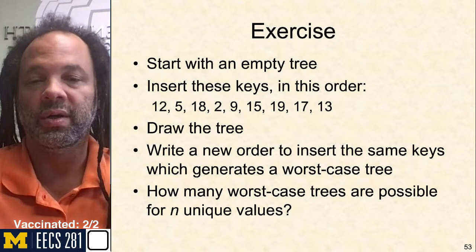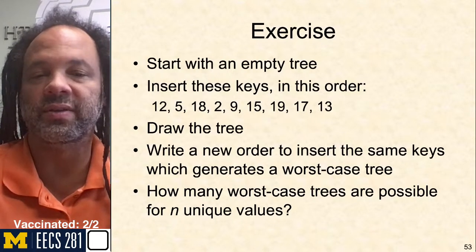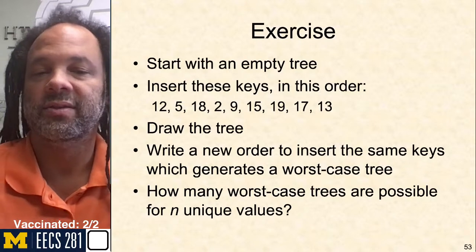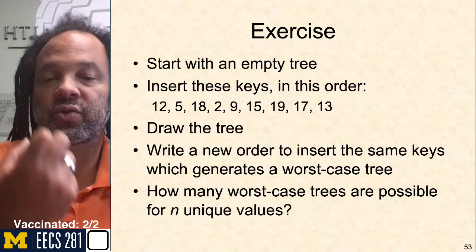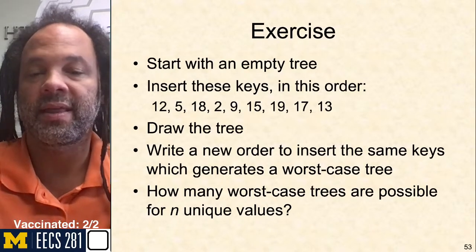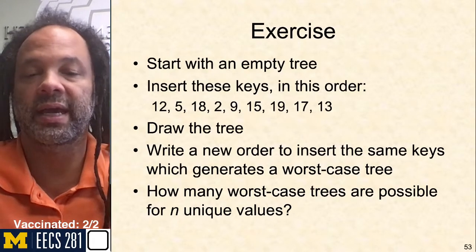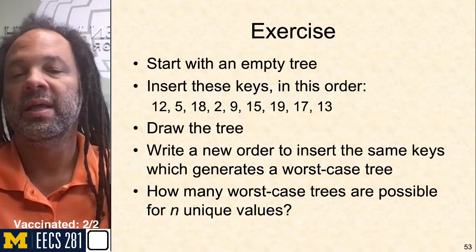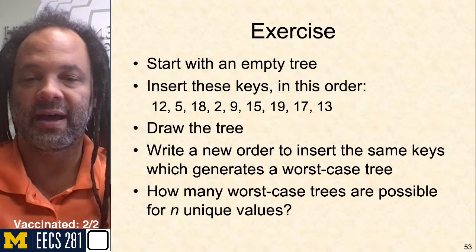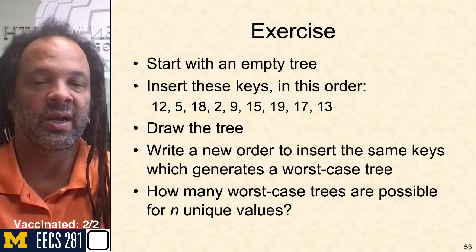Write the new order that I can use to insert the same keys. So I want to take these same keys and put them into now a tree that's a worst case tree. Then there's another question that says, how many worst case trees are possible for some list of n unique values? So that's the abstract question there. All right?